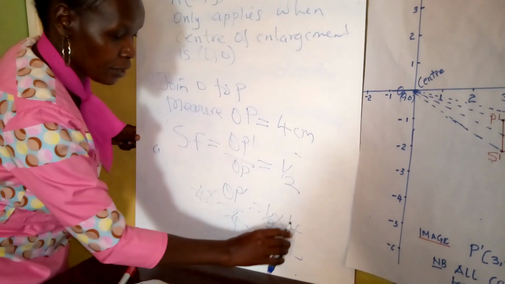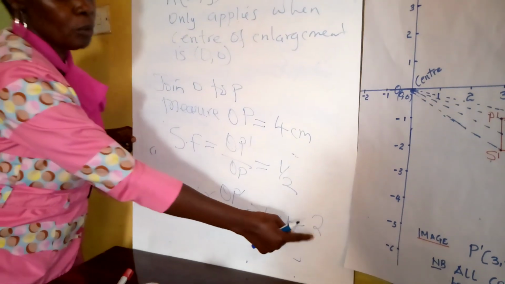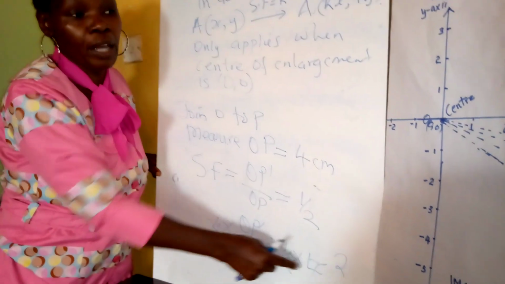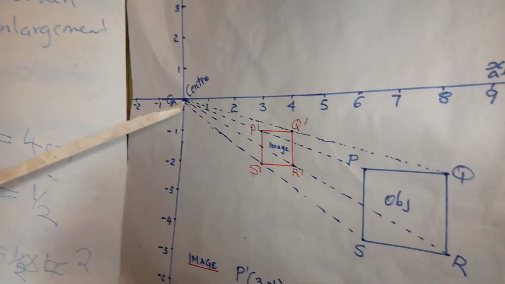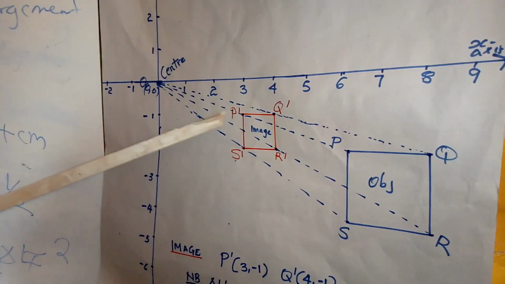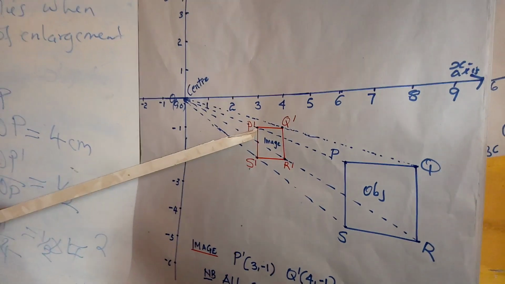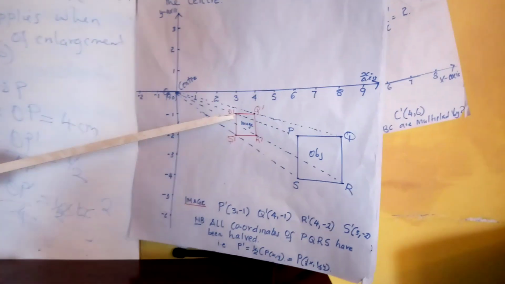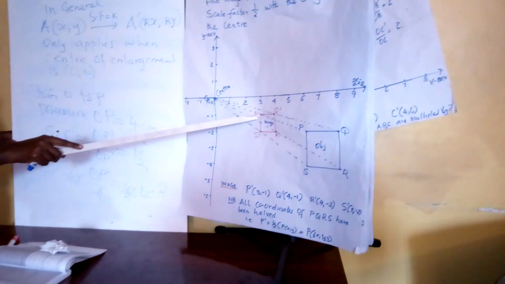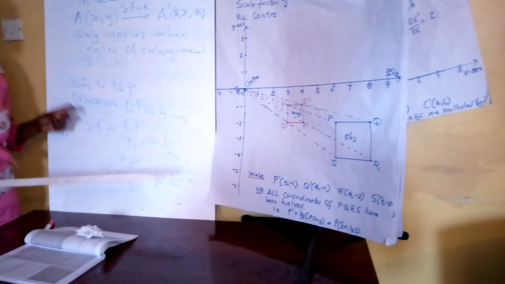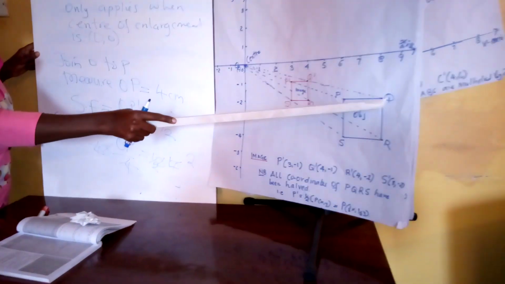So you are going to realize that our OP prime will be less. It will become 2. So measure the length from O, 2 centimeters, and when you measure the 2 centimeters, that is where you are going to get your image P prime.